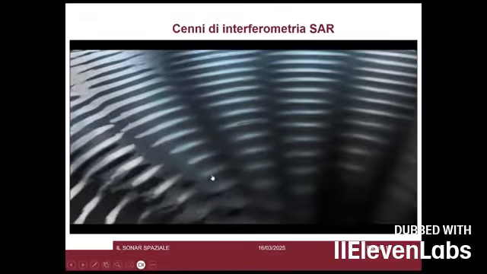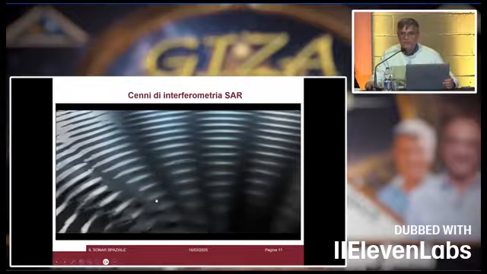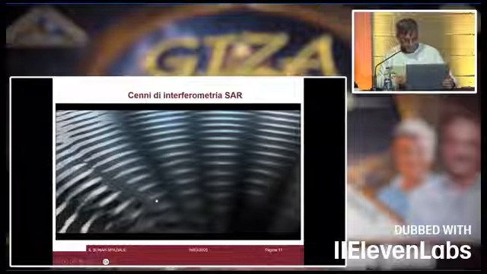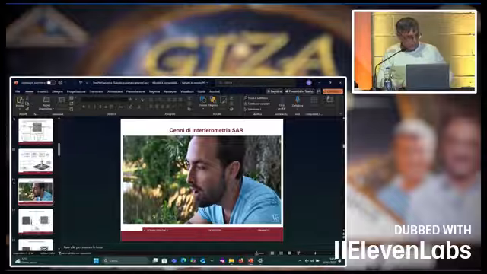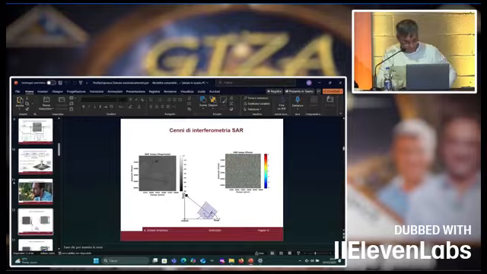That is, we obtain areas in space where the electromagnetic power density is zero, destructive interference, and areas where the power density is very high, constructive interference. Okay. What do we need this for? We need this for estimation.